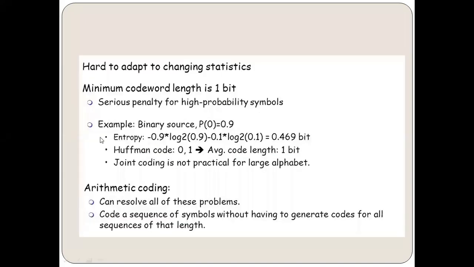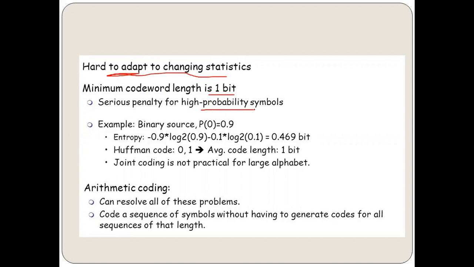Now, continuing with the disadvantages, Huffman coding is hard to adapt to changing statistics. I have already shown you that if there is any change, it does not ensemble the changes. Minimum code length is 1 bit, which is a serious penalty for high probability symbols.